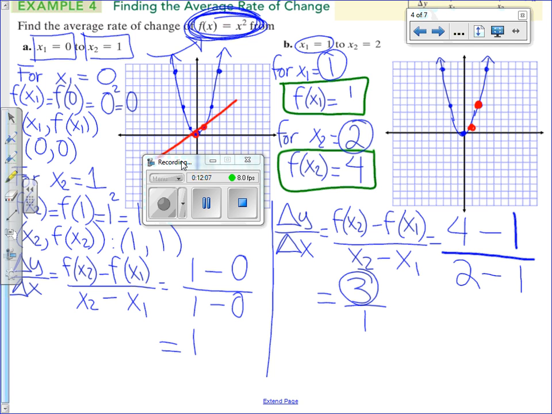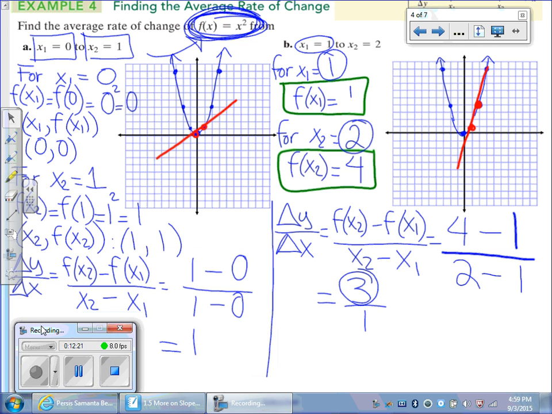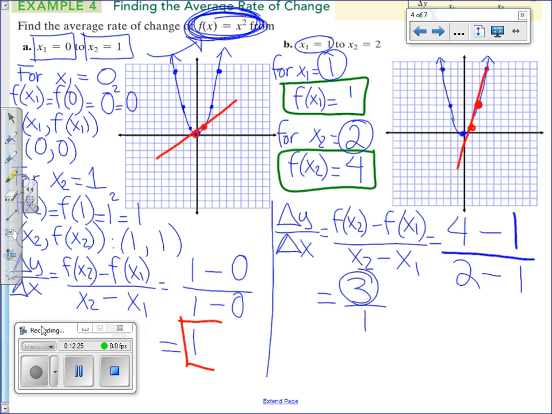So I'm going to trace the secant line. And you guys could see, if we could compare both of them, one is steeper than the other, steeper or more inclined. So that kind of makes sense, because for the first one, the slope was 1, the rate of change was 1 over 1. And if we look at the other one, it's a 3. 3 is bigger than 1, so the rate of change was 3 over 1.